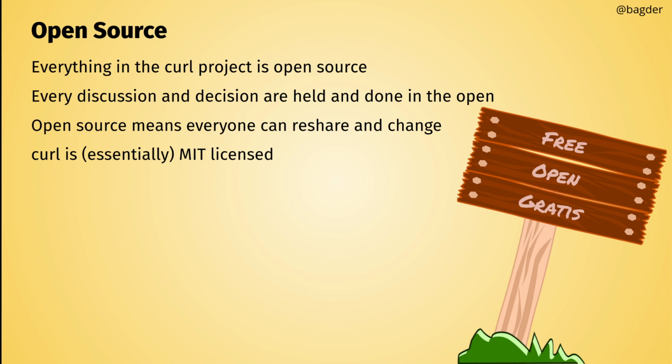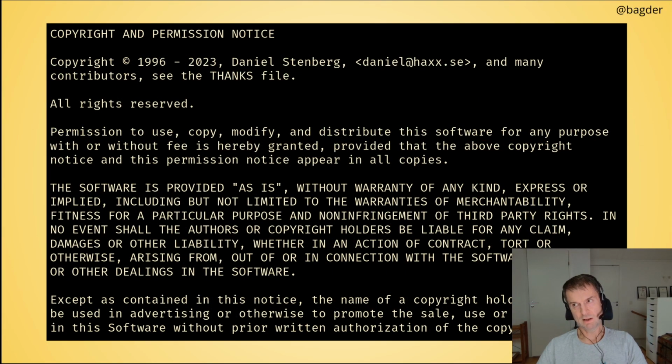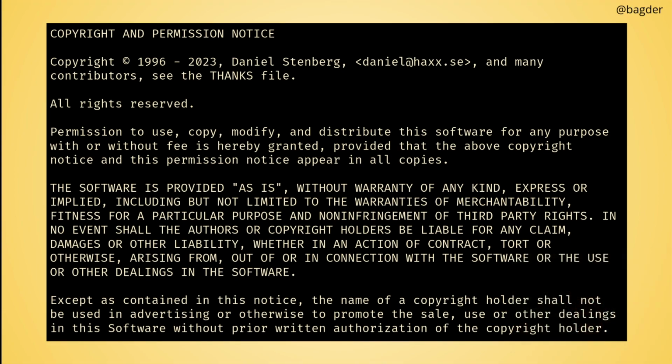Curl is MIT licensed. It's not exactly the MIT license, because someone at some point decided to edit the license a little bit. I did. I don't remember why. It was stupid, but it's not a word for word MIT license. It's slightly edited, but it's essentially the same content. It's short and sweet, and this is how it looks if you just read all the words.